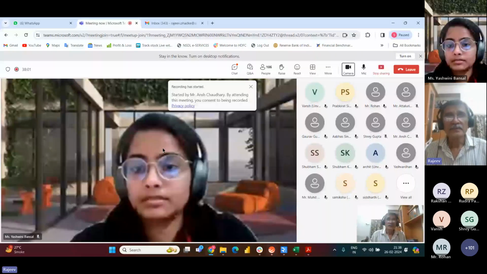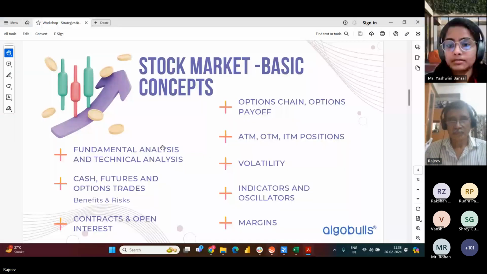The next item is volatility. So what is volatility? Volatility is considered in two separate scenarios. One is the historical volatility.